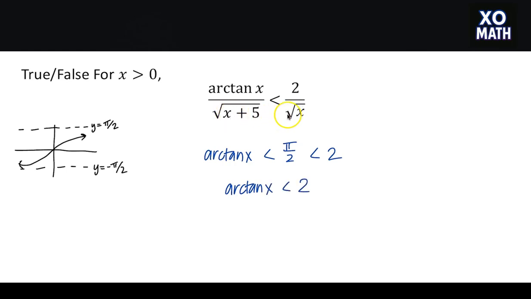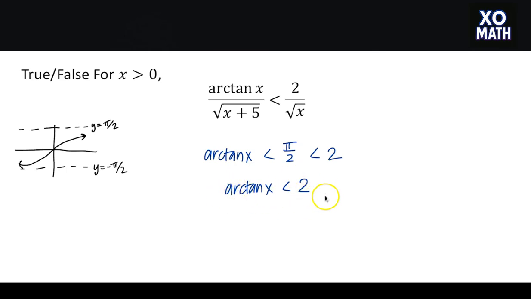Now we have to figure out how to involve these denominators. We want to show that this quotient is potentially true. So let's think about the square root of x plus 5 and how that's always going to end up being positive. We're only plugging in numbers greater than 0, so this quantity is always positive. That's important because I'm about to divide both sides of this known inequality.